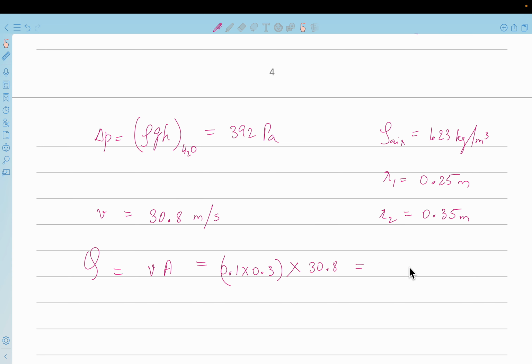So what do you get as the answer? This will be in the units meter cube per second. 0.924. Yeah.